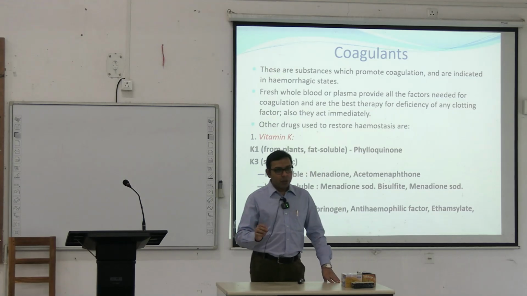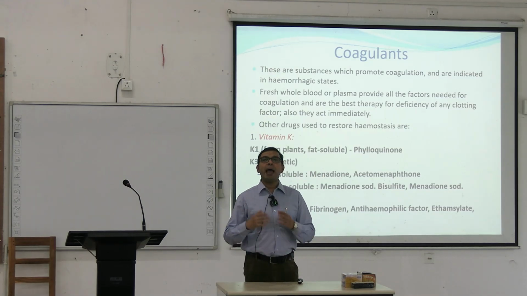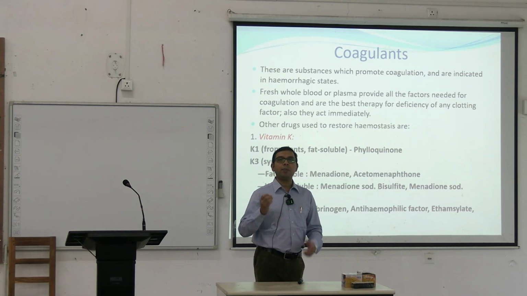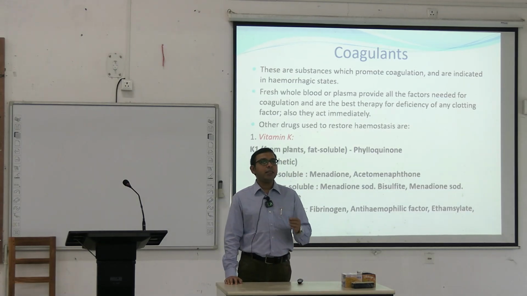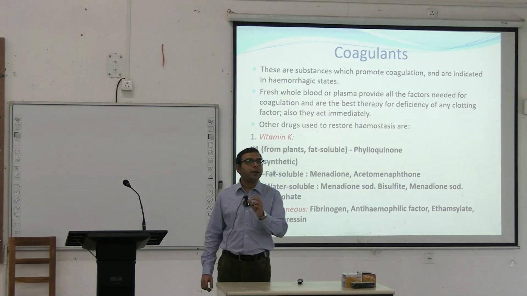that is rare. Next, if there is some malabsorption syndrome, again if there is some tropical sprue or celiac disease etc., there will be less absorption of vitamin K, and there are also changes in the normal commensal gut microbiome.